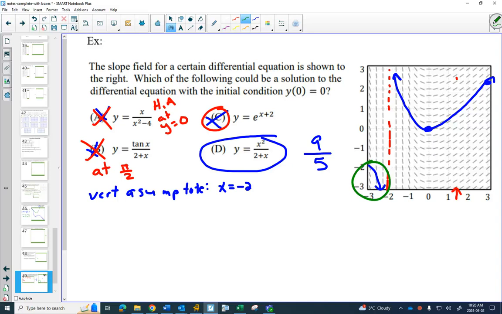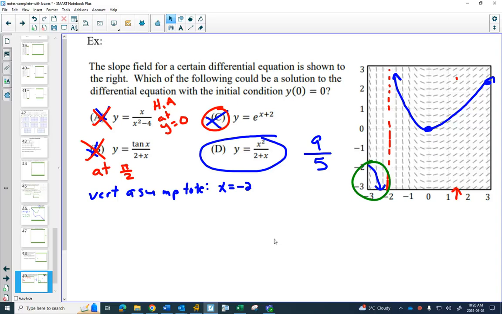I would need another point in order to be able to say that for sure. So that part of the graph, we actually could not officially state this is the one that matches up the best.